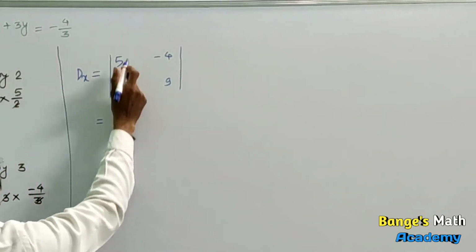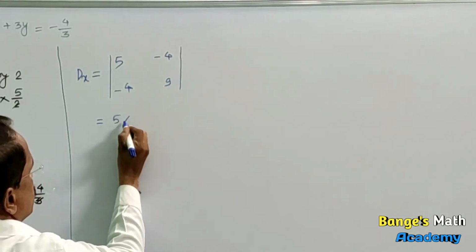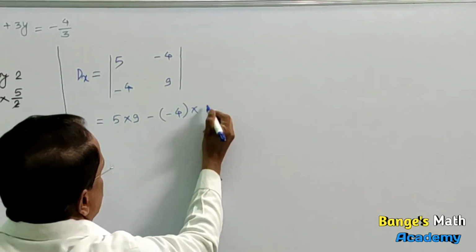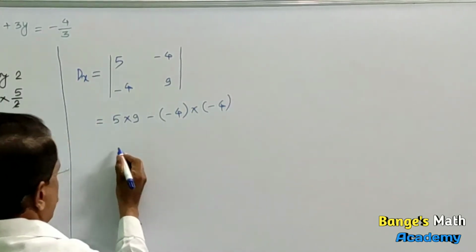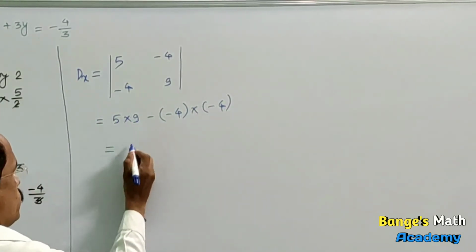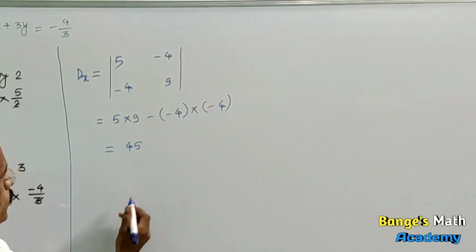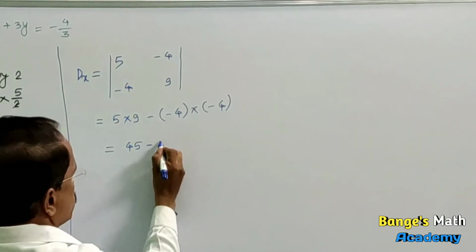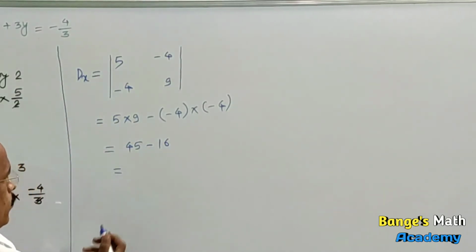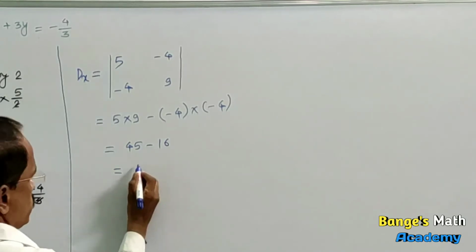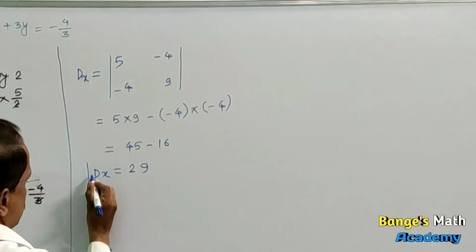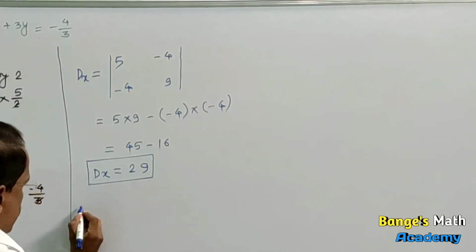Simplify this. 5 into 9 minus -4 into -4. Simplify this. 5 into 9 is 45, minus 4 into minus 4 is plus 16. 45 minus 16 is 29. dx is equal to 29.